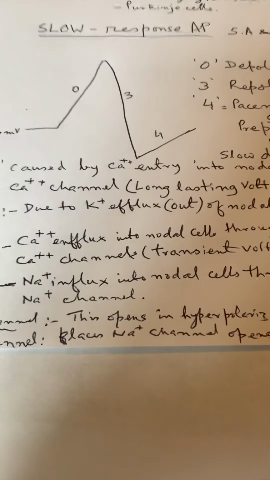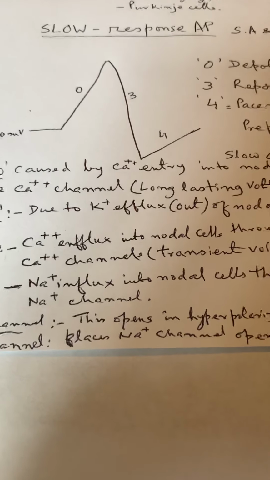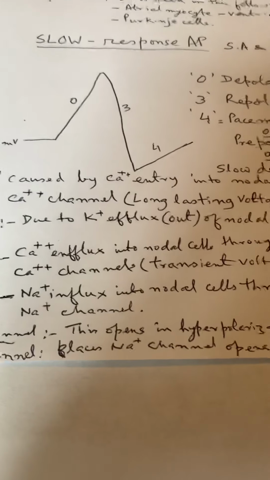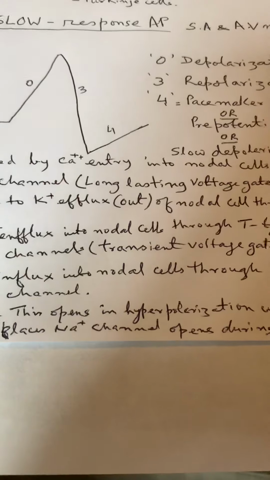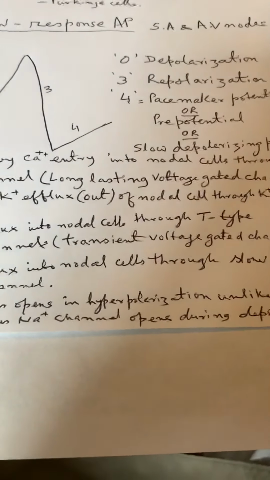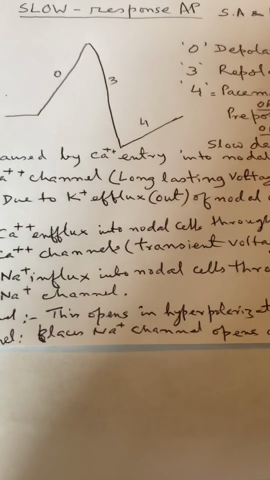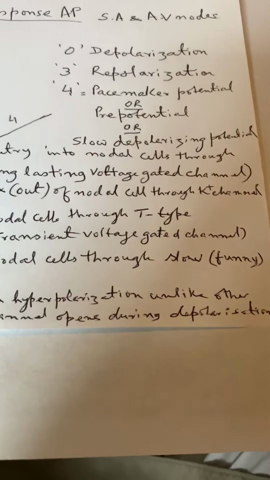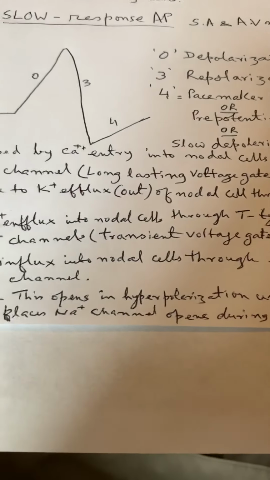So the pre-potential is caused by two things: calcium entering the nodal cell through the transient T channel, and sodium entering through a special type of sodium channel which is known as the funny channel.